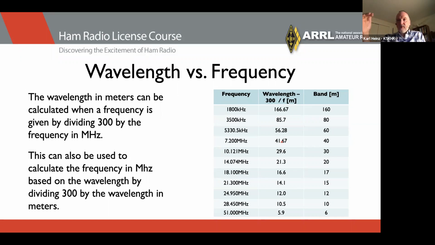From 80, we go to 40, it's half the wavelength, but twice the frequency. 40 to 20, half the wavelength, twice the frequency. So the original ham bands are the ones that follow that structure. Going back 100 years, that's what they had. And then the ones that don't fit in were added at a later time.